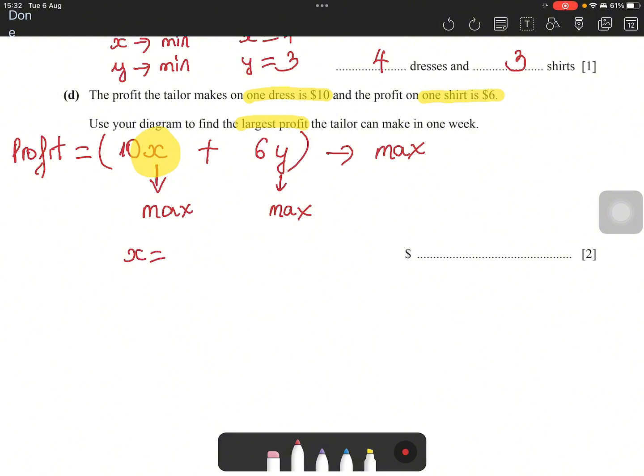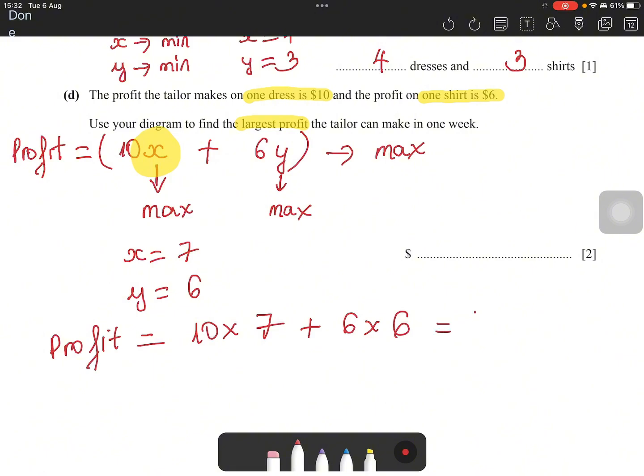So x equals 7 and y equals 6. And the profit is equal to 10 multiplied by 7 plus 6 multiplied by 6 equals 70 plus 36 equals $106.